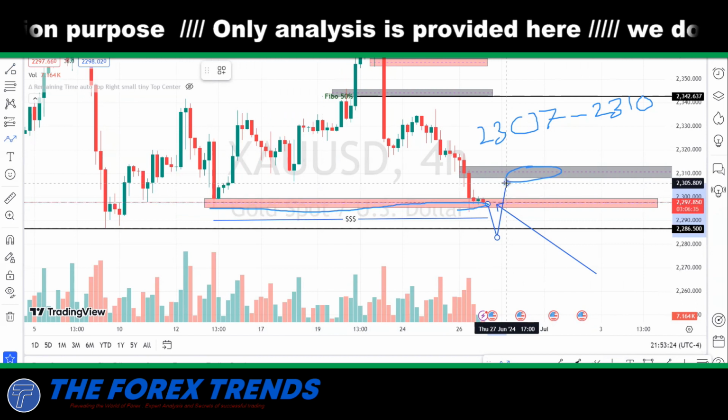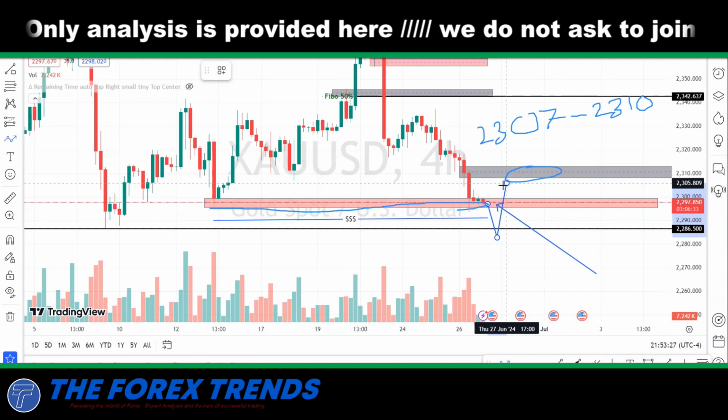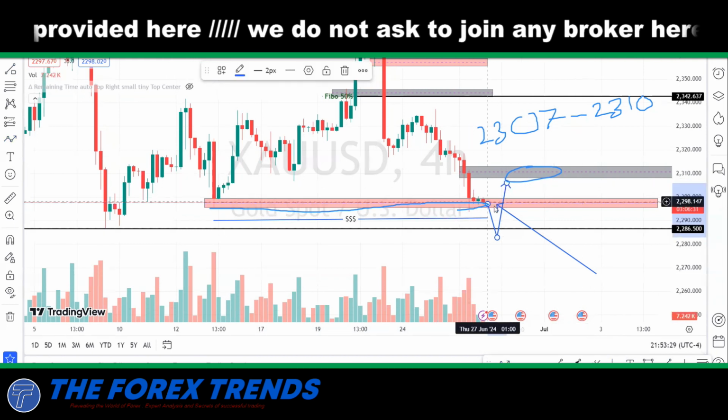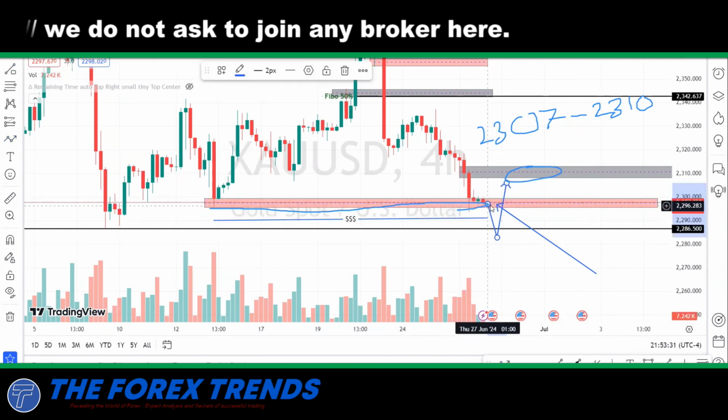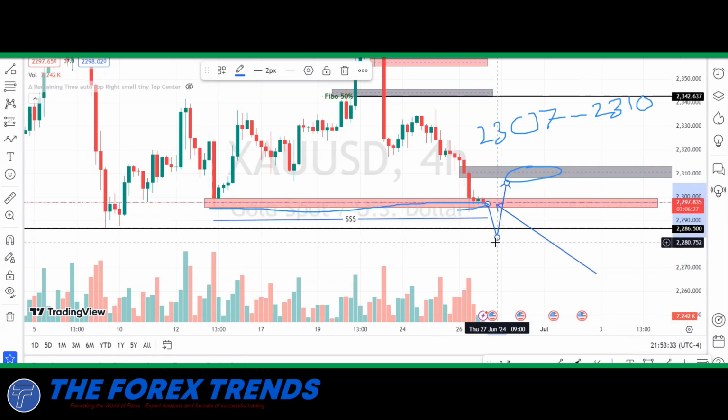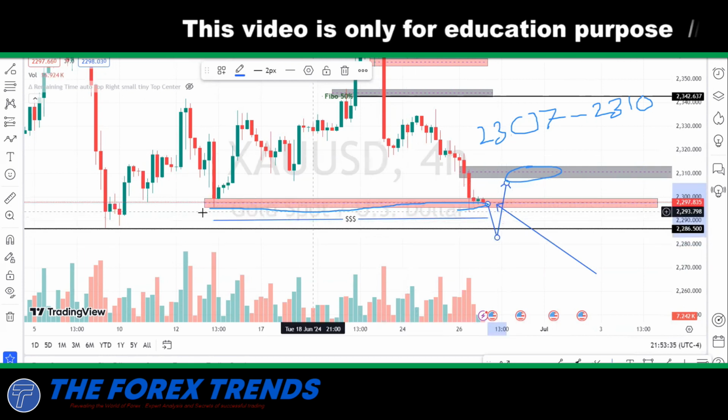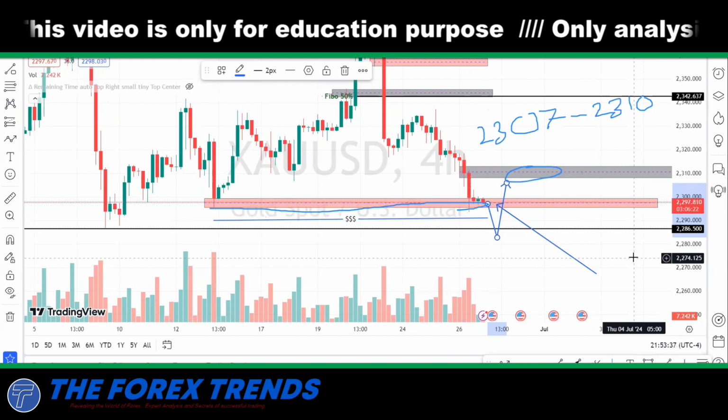If GDP data comes negative, we can see this movement, a spike below this price, then up again, sweeping all the liquidity from here.